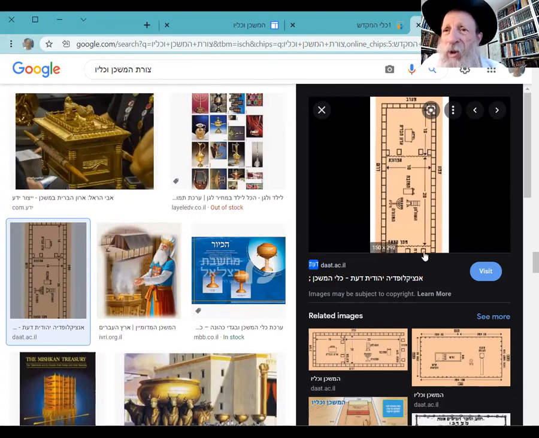And this is the whole tent of meeting. And Moses would come into here where the candelabra is. There was a curtain here. Moses would stand here, and the voice of God would come out from the Holy of Holies and would come to speak to him.